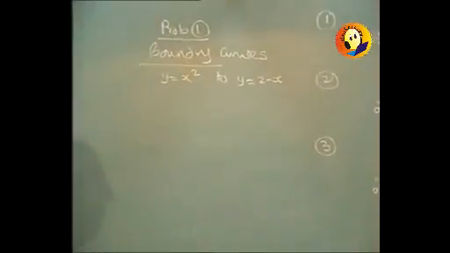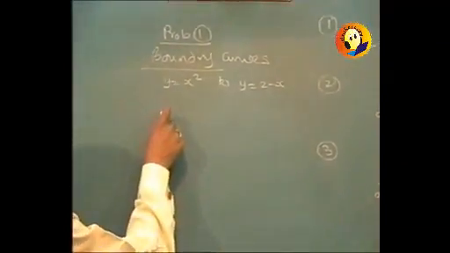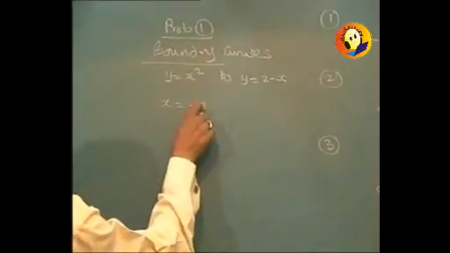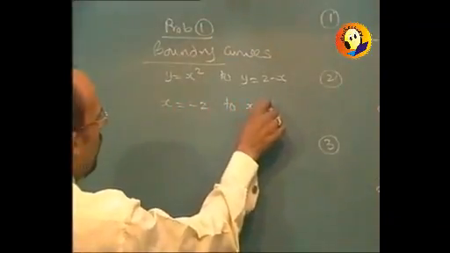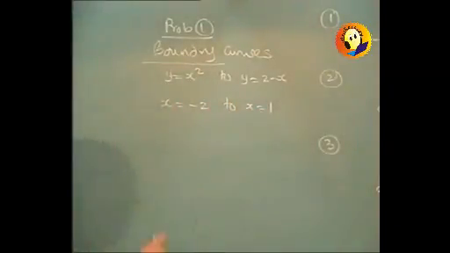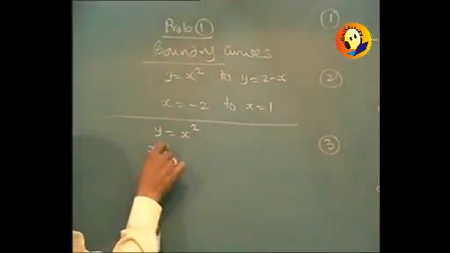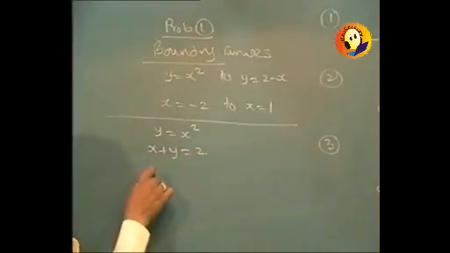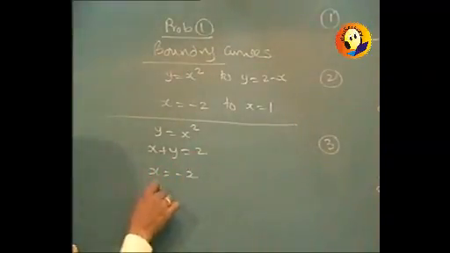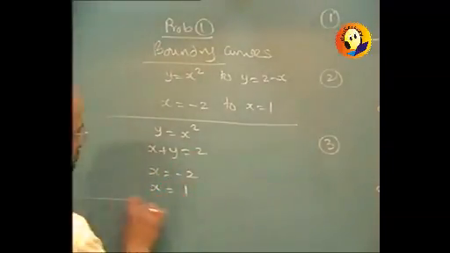Both the curves can be well understood, and the outer limits are of x, that is x equal to minus 2 to x equal to plus 1. So the four curves are y equal to x square, x plus y equal to 2, x equal to minus 2, and x equal to plus 1.